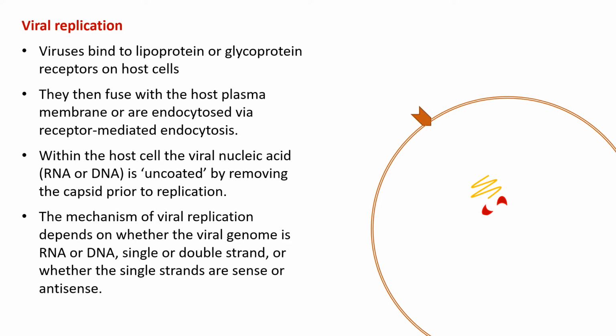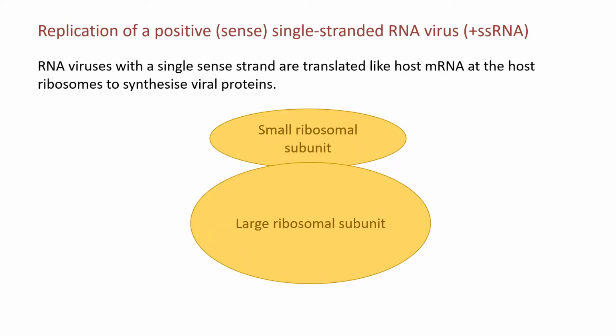As we said, the mechanism of replication depends on whether that viral genome is RNA or DNA, whether it's single or double strand, or whether the single strands are sense or antisense. So, as a nice simple example, let's look at the replication of a sense single-stranded RNA virus.